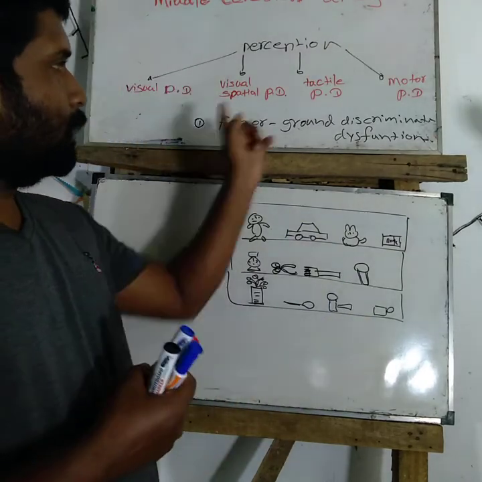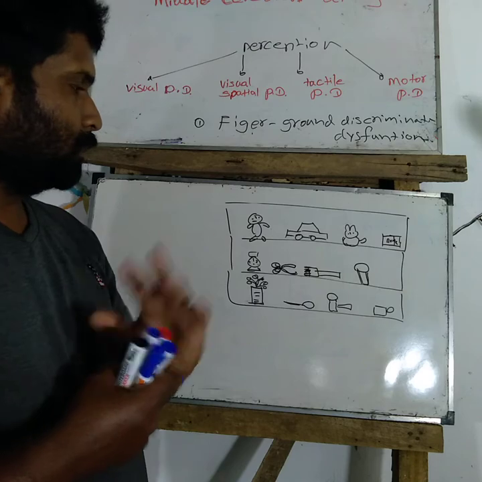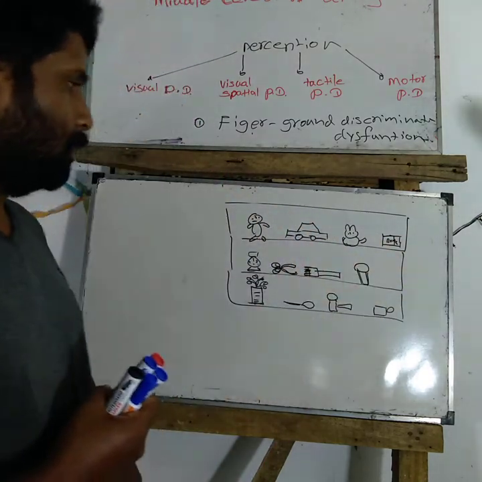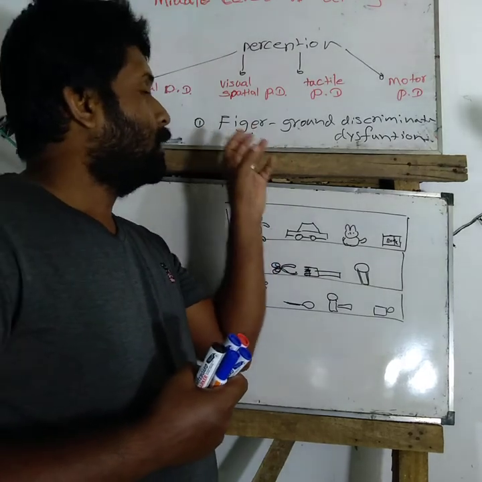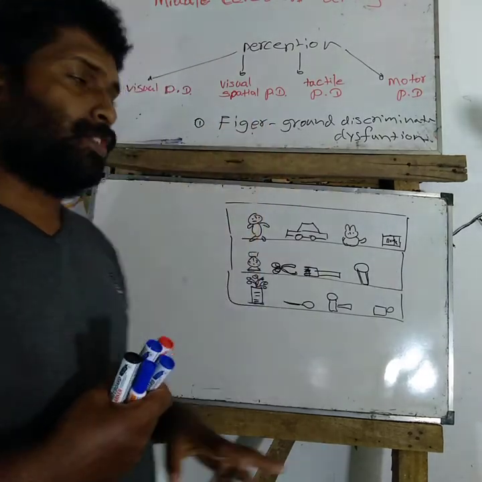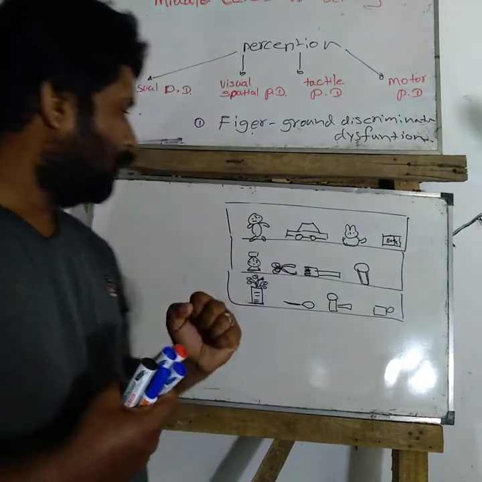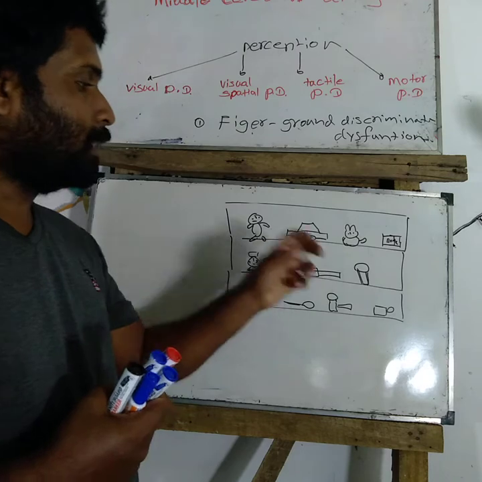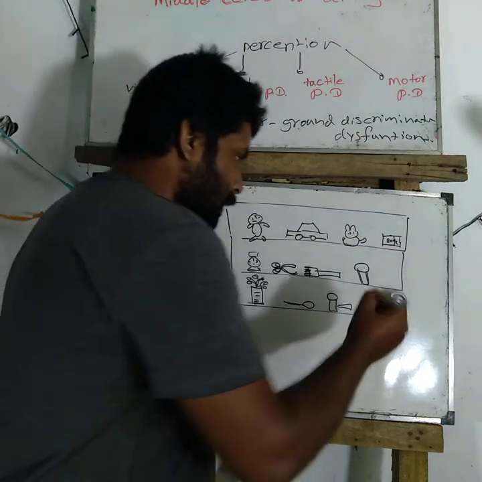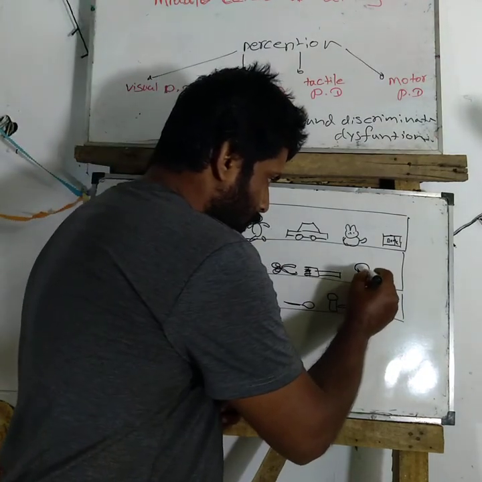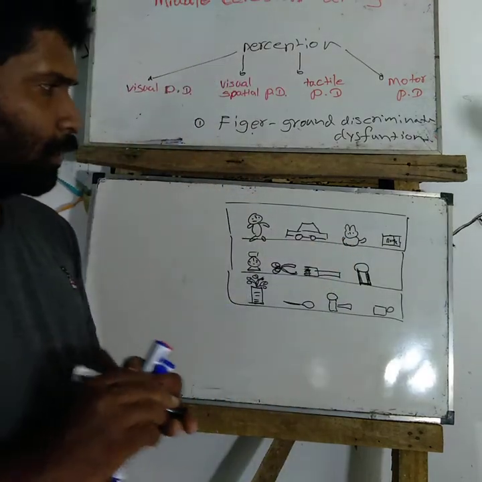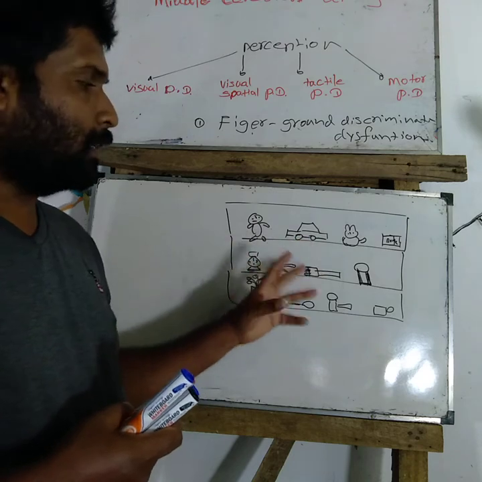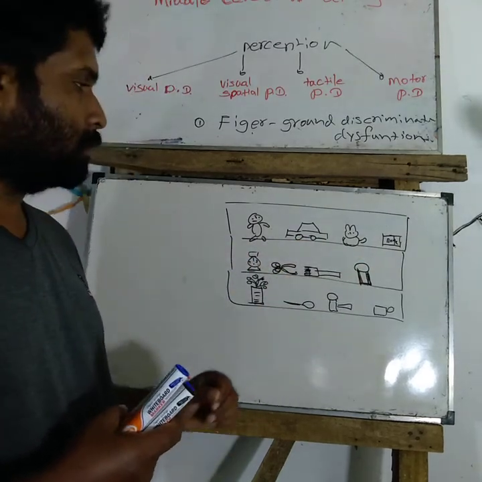With figure ground discrimination, when we see these pictures, we can select one by one. But a patient with figure ground dysfunction can't select in this equipment. What is the glass? Glass is this. He can't quickly select, even in 5 seconds, he can't select this glass.